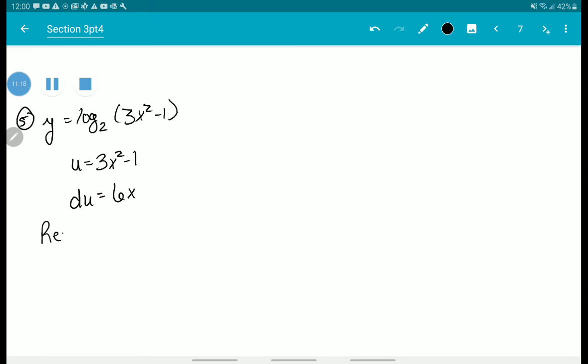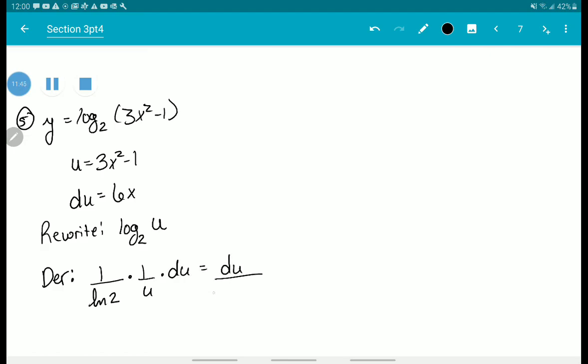Now we're going to do a rewrite. So if we rewrite this function, we're going to have the log base 2 of u. The derivative of that is 1 over the ln of 2 times 1 over u times du. And we could rewrite that as du over u ln of 2.